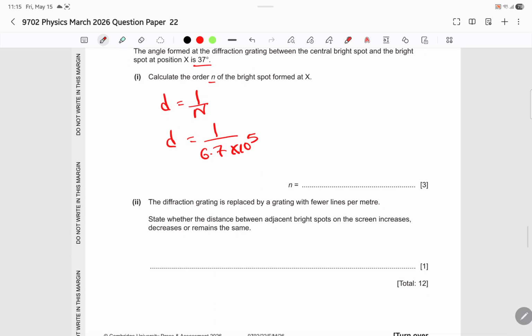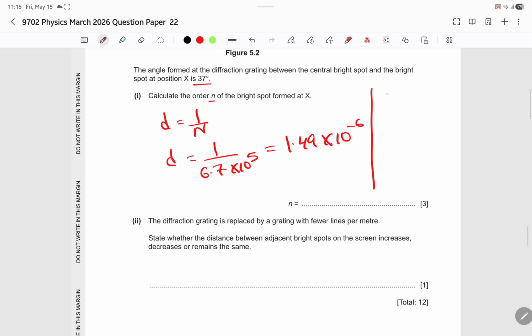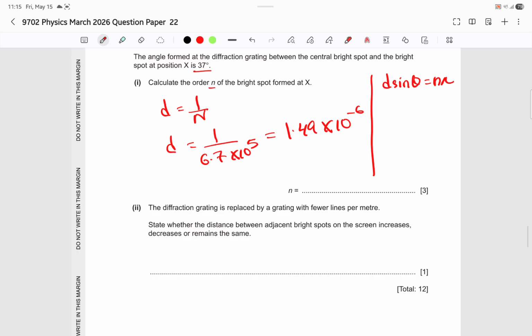Yeah, which comes out to be 1.49 into 10 to the power minus 6. So now we know d. Now we're going to use the formula d sine theta equals n lambda. So n, if we rearrange this, is d sine theta by lambda.